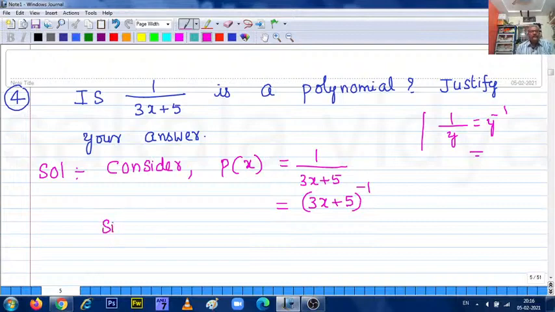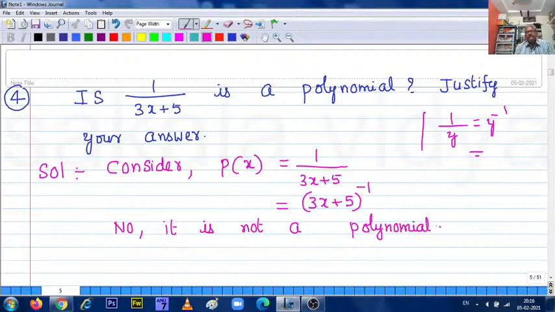Or directly write down, no problem: no, it is not a polynomial. And moreover, it may have an infinite number of terms also.